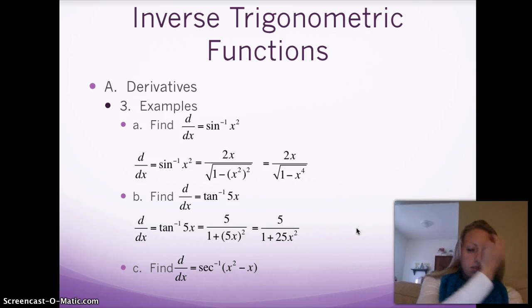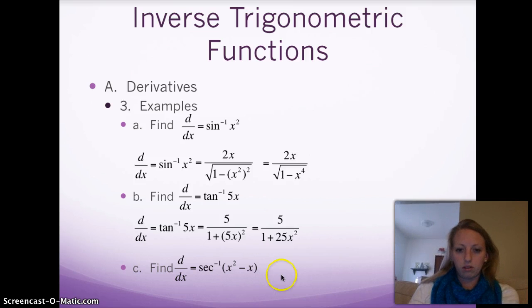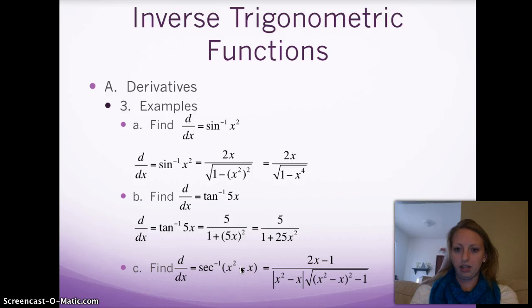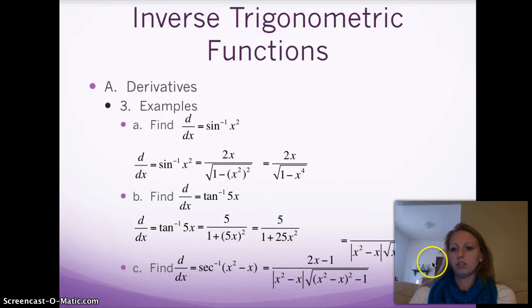So I'm going to take the derivative of this, which is going to be 2x minus 1. That's what I'll get on top. The rest of it I will plug in. This is what I put in for u. I'm going to simplify this, but you don't have to. And I get x to the fourth minus 2x cubed plus x squared minus 1. So again, it's plugging and chugging. If you need to pause it, pause it.